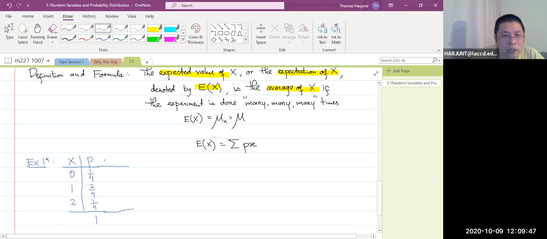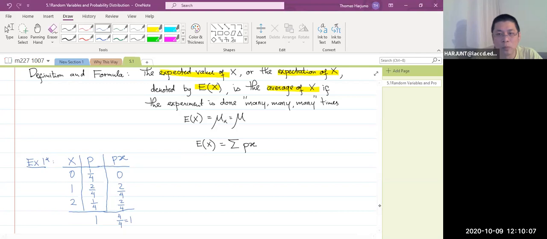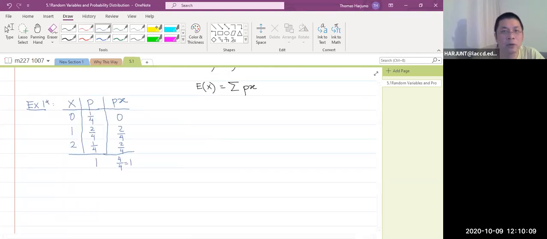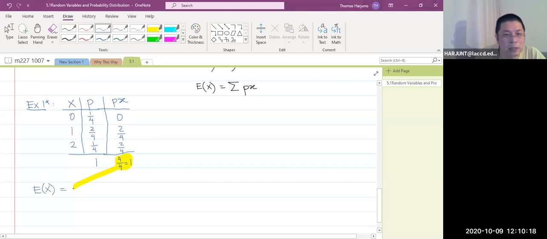Remember the first extension in the past? You multiply f times x, right? Okay, now we have p times x. That's 0, 2/4, 2/4, which equals 4/4, in this case 1. Now, the expected value is the sum here. That's the expected value. The expected value of X is 1.